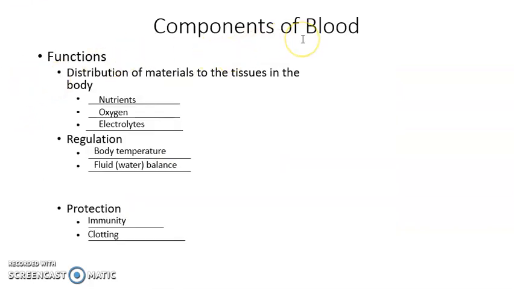So the components of blood, I mean, obviously every little part has its own job. So as you can see here, the functions of blood are to distribute materials to the tissues in the body. That is the primary function of blood. Every cell in your body is kind of trapped.